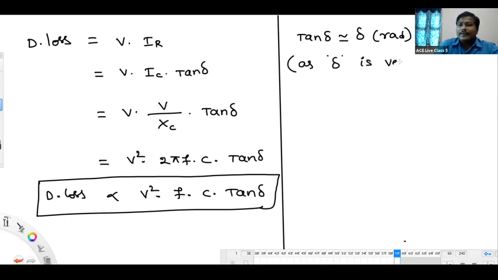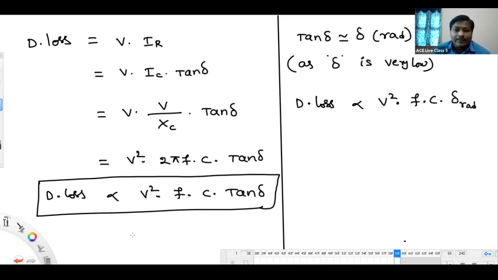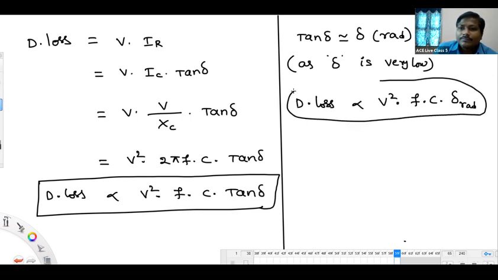So dielectric loss will be proportional to voltage square, frequency, and capacitance into delta in radians. Done. Is it clear?